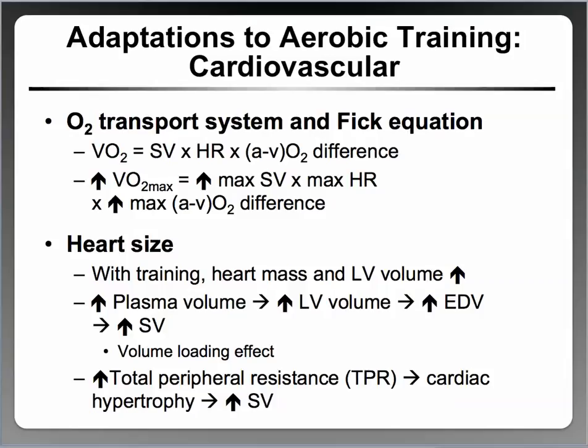When we talk about it with regards to what happens in the heart, you see an increase in plasma volume, and what happens is there's an increased amount of blood that returns to the heart. And basically your heart acts kind of like a balloon, and it increases the left ventricular volume. So it expands to accept this increasing amount of plasma.